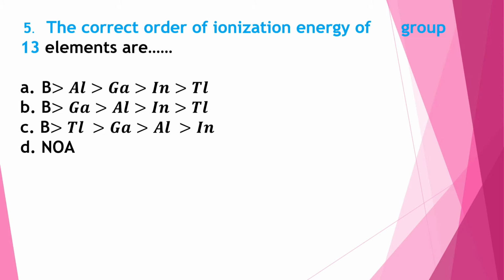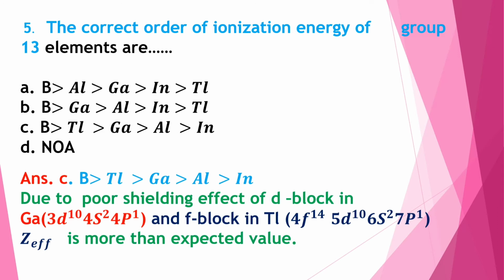If we see the electronic configuration of gallium, due to the inner 3d subshell, a poor shielding effect occurs that increases the Z effective charge, due to which the ionization energy of gallium becomes more than that of aluminium.